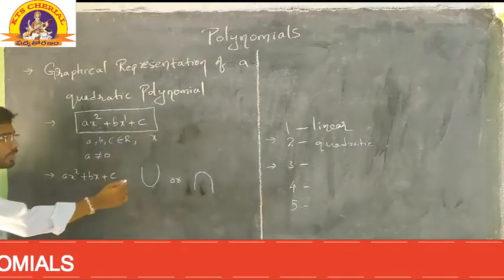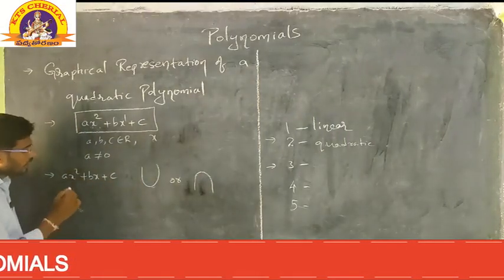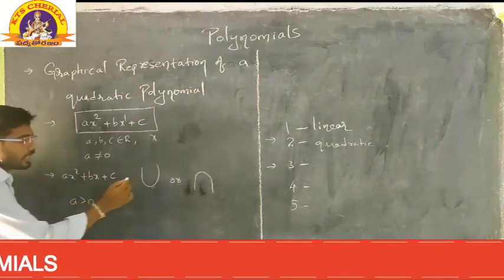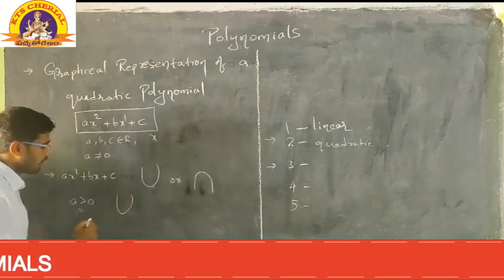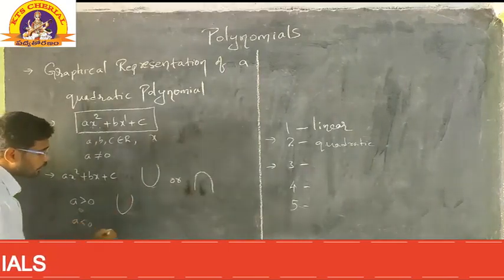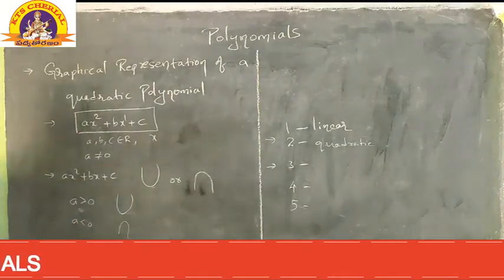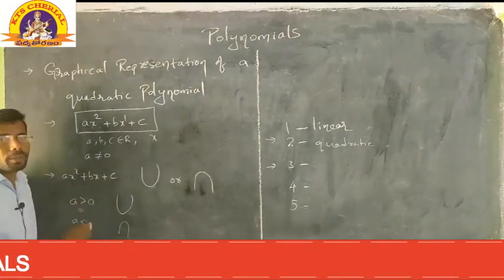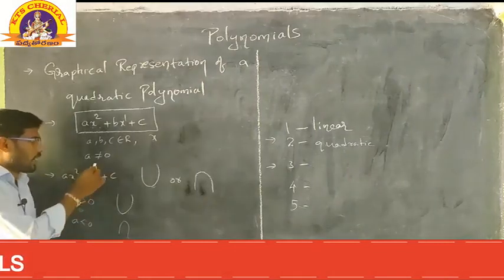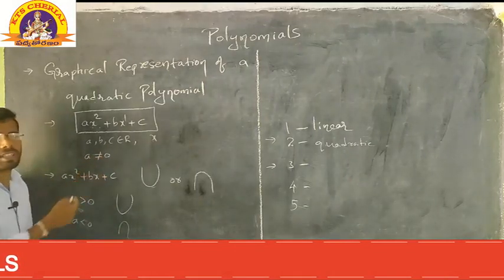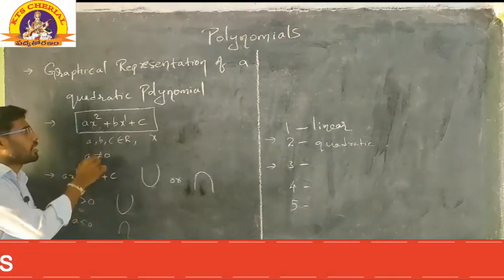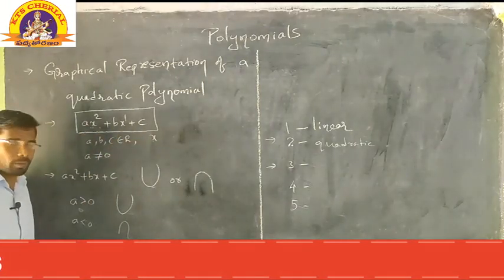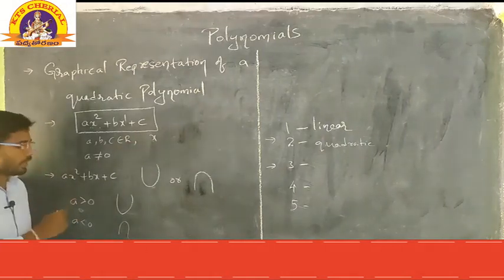If a is greater than 0, you get the shape upwards, and if a is less than 0, the shape will be downwards. The condition a ≠ 0 is compulsory, because if a equals 0, it will become a linear polynomial.